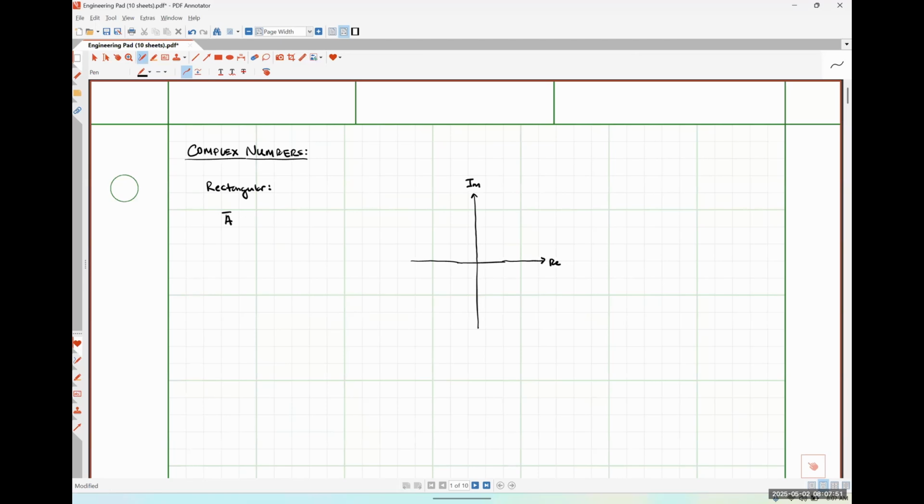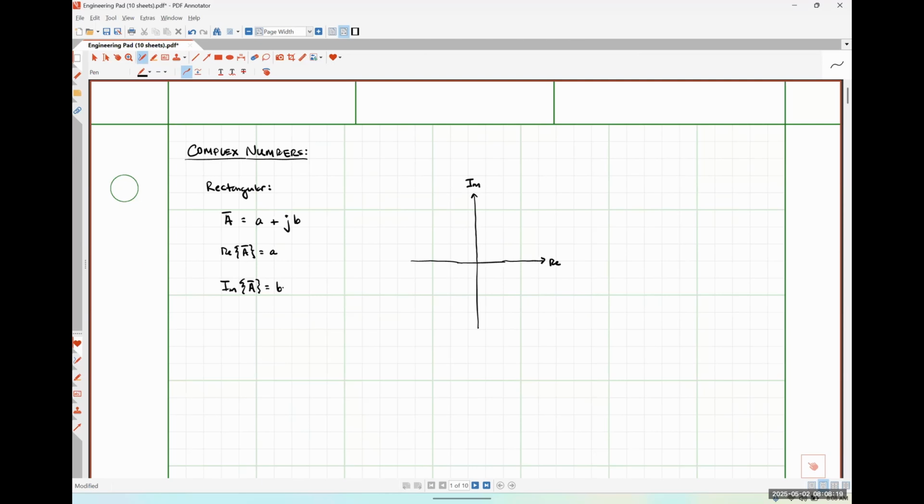And I'm going to write this as lowercase a plus jb, where the real part of complex number A is that lowercase a, and the imaginary part of complex number A is that lowercase b.